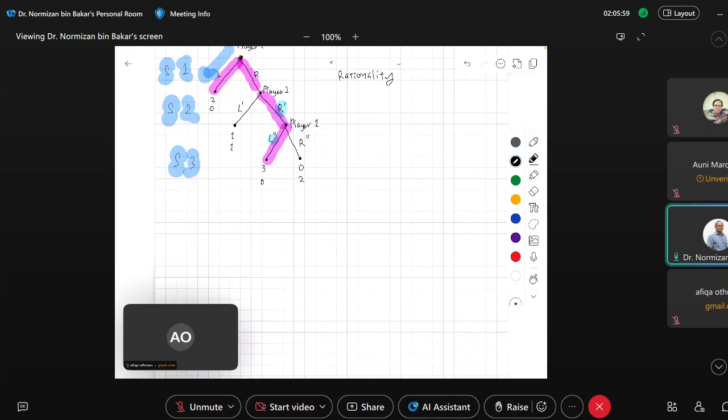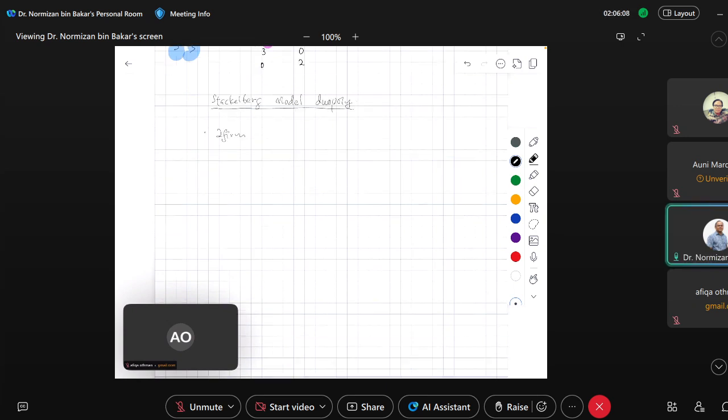There are two firms competing in one market. So let's say firm one and firm two. They produce a similar product and now compete for the market. Let's say they compete by the quantity that they produce for the market. Okay?